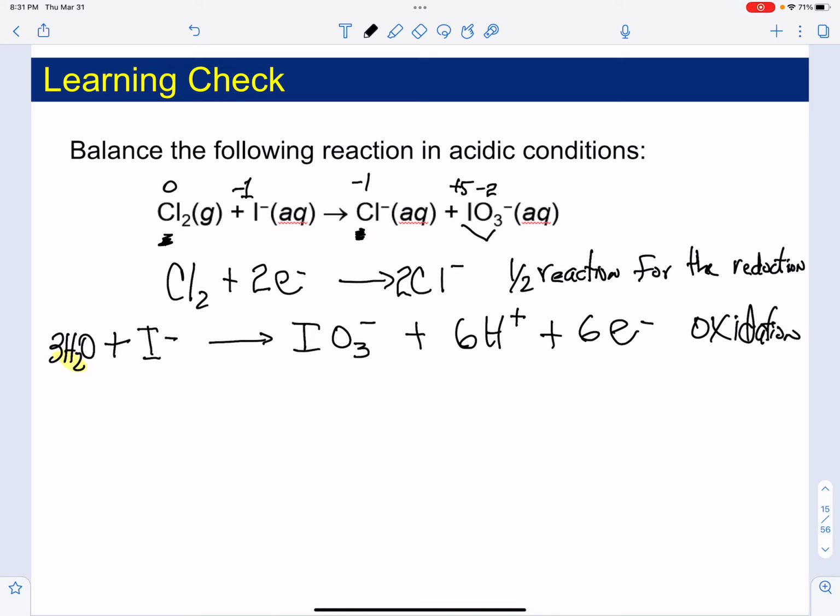So now we're going to bring the equation back together into only one equation, because that was the half reaction for the oxidation. So when we bring it together, the amount of electrons on the oxidation and the reduction has to be the same. So far, we have 6 on the oxidation and only 2 on the reduction. So we're going to have to multiply that 2 by 3 to make it 6. But we cannot just multiply the electrons.